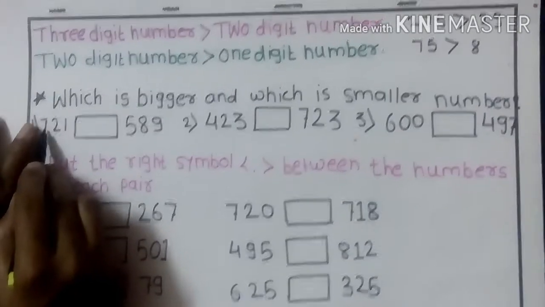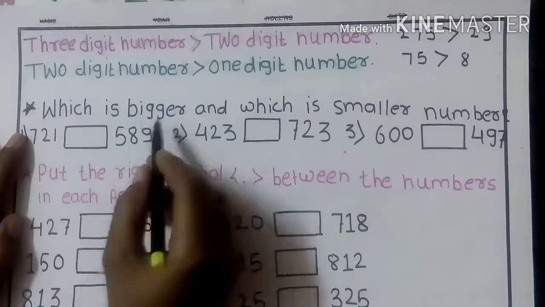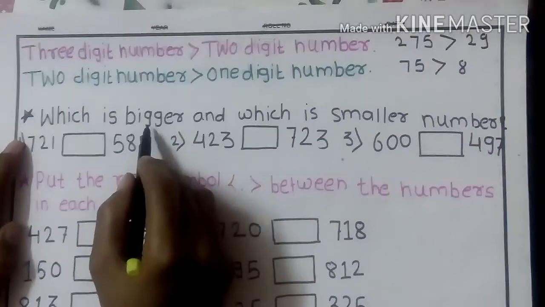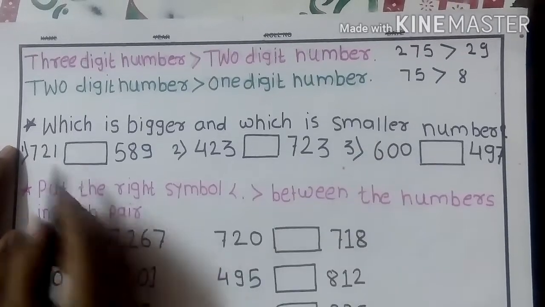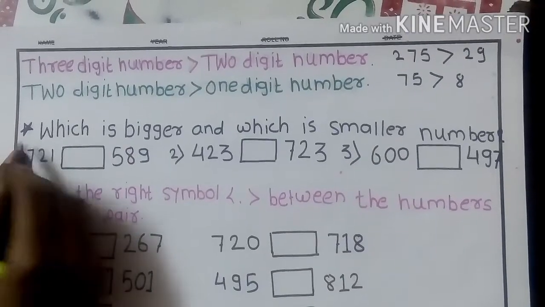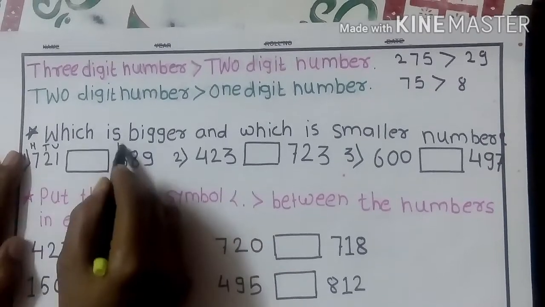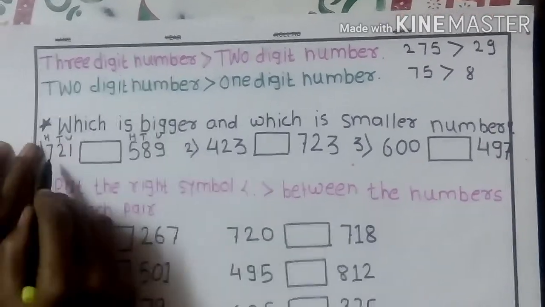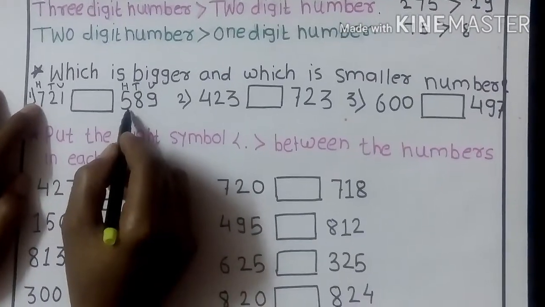We know the hundreds, tens and units. To recognize which number is big and which number is small, we first of all see the hundreds place. Hundreds, tens, units. Here in the hundreds place, 7 and here 5.